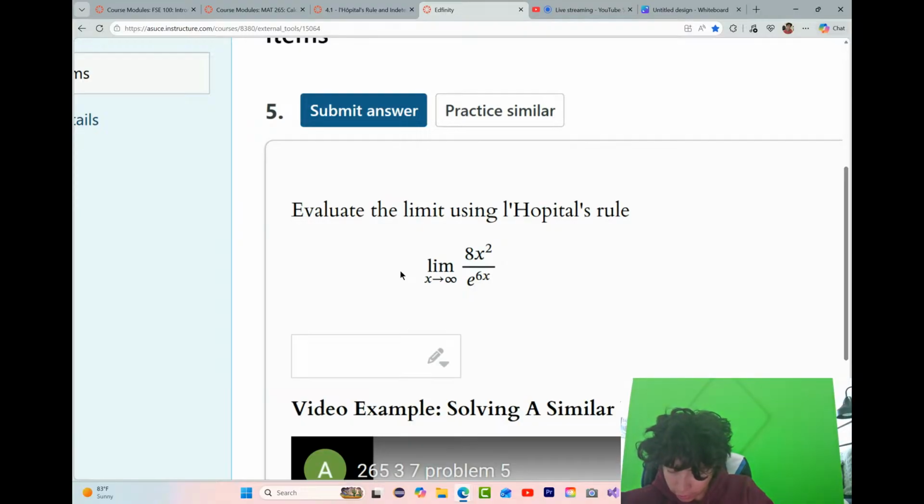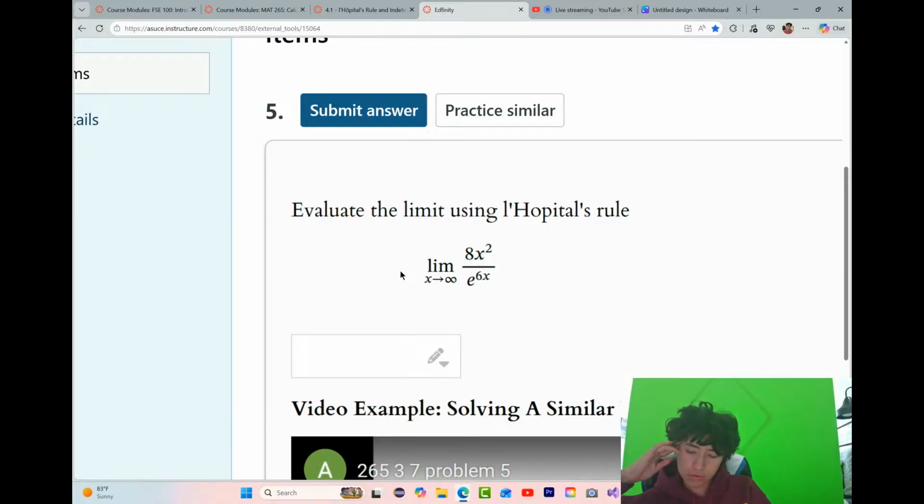Applying L'Hopital's rule, 16x over e to the power of 6x times 6, which is 6e to the power of 6x. Then let's take the limit. So now what?